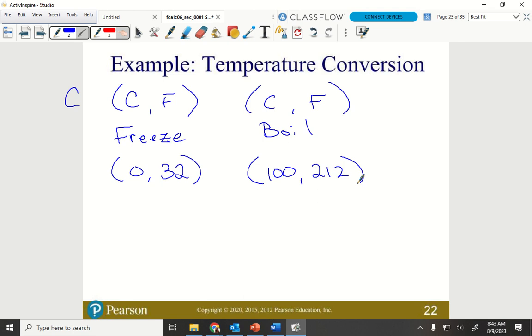So I'm going to use those 2 points to make an equation for converting between Celsius and Fahrenheit. Those are the 2 things that I know. So now it's going to be 212 minus 32 over 100 minus 0, which, what's that going to be?